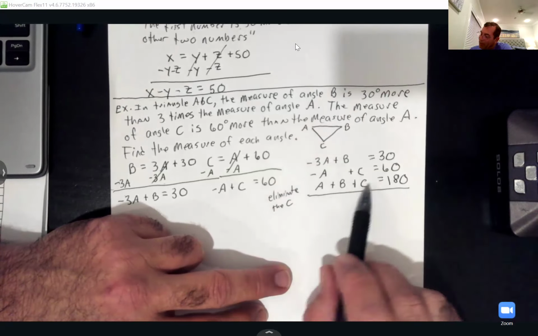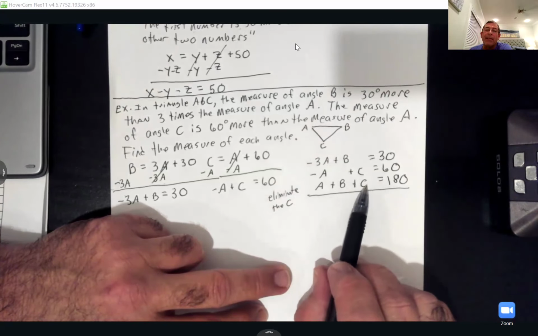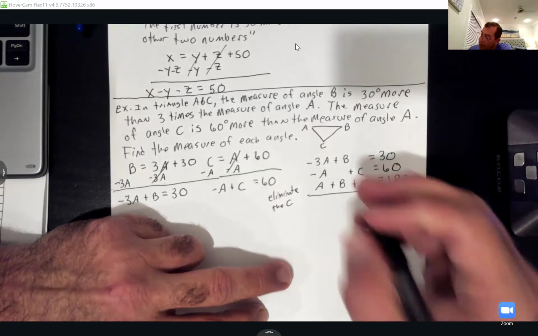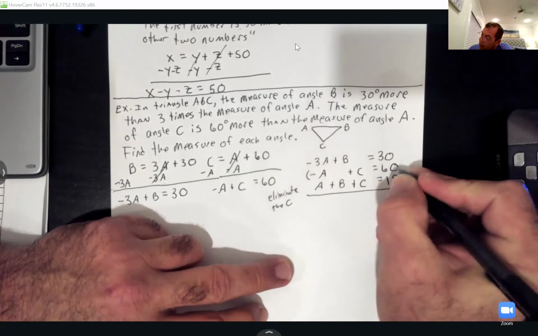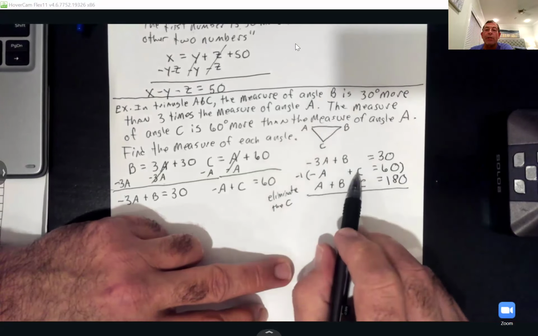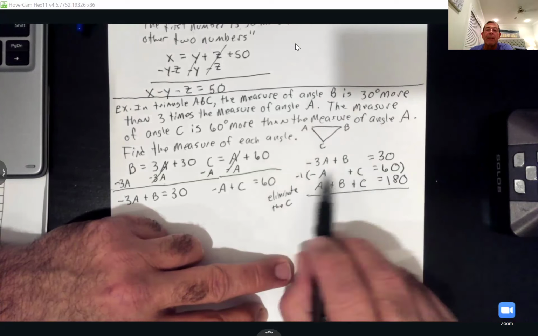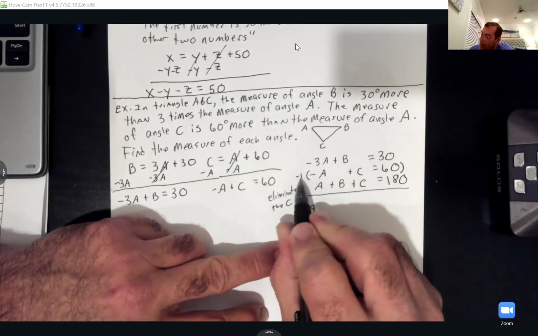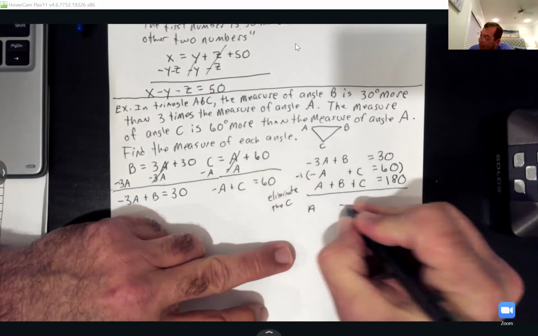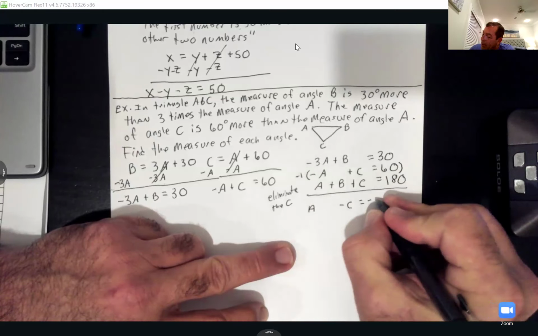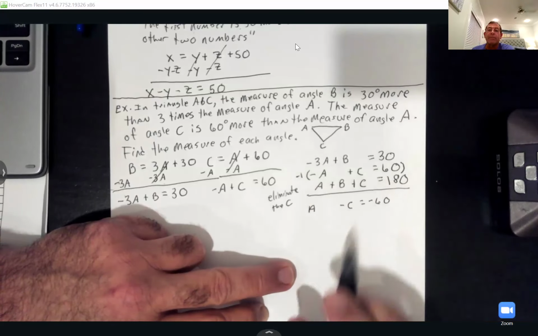So here's the thing. If I'm going to eliminate the C here, I need to make one of these negative. So what I'm going to do is multiply the second equation by -1 so that I can eliminate my C here. So negative times negative makes that a positive A. Negative times C makes that a negative C. And then negative times 60 makes that a negative 60.